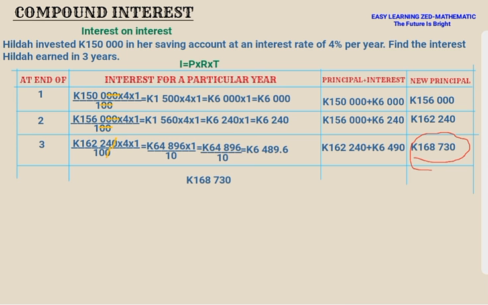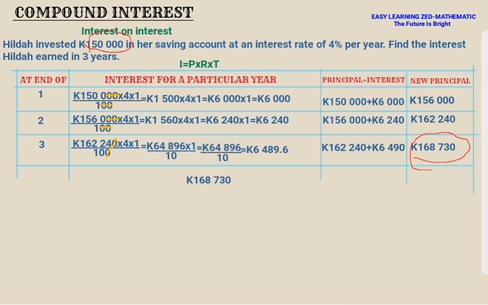Then we are going to write it down there. Then we are going to subtract the amount she invested at the beginning of the first year. We have gotten the amount she had at the end of the third year, and then from that amount we are going to subtract the amount she invested at the beginning of the first year, which is that one, the one I've circled in the statement on top there.